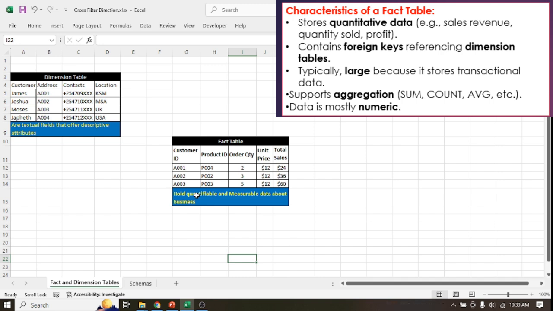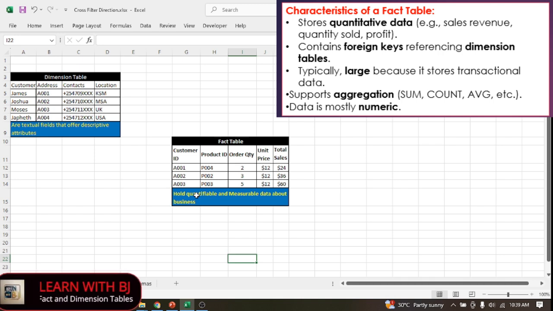So when we have, let's say, 30 customers, it means that we'll be having a lot of transactional data. That's why we are saying that the fact table has the characteristic of large data, since it stores transactional data.